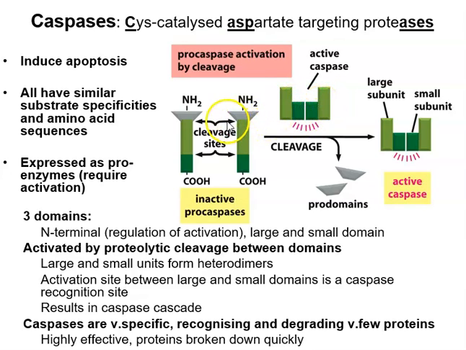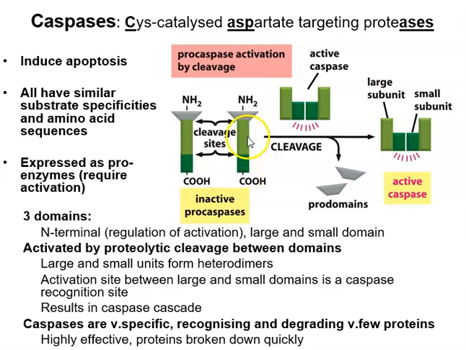So by cleavage here and here you get one of these, and this is one full active caspase subunit, and all of the caspases operate in the same way. Now at the death-inducing signaling complex, these are brought close enough to each other so that they can auto-activate each other, and that's why the trimeric death receptor needs to bring in multiple caspase 8s to kickstart the process.